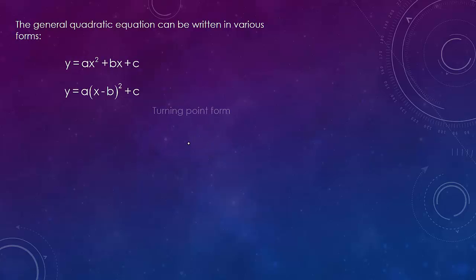This one is known as turning point form, and we'll see how to operate with that later. And then we have this form, y equals a, x minus b, x minus c. So it's a factorized form. Once again, the b here is not the same as these b's above, and the c is not necessarily the same as these c's above. And this one here is known as x-intercept form because it helps us find the x-intercepts nice and easily.